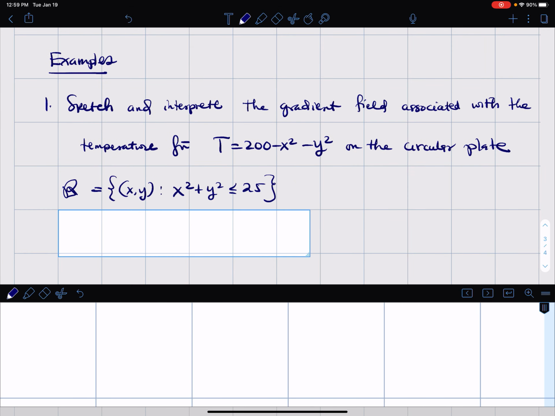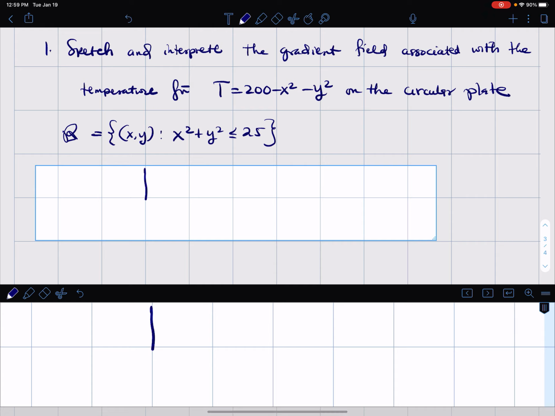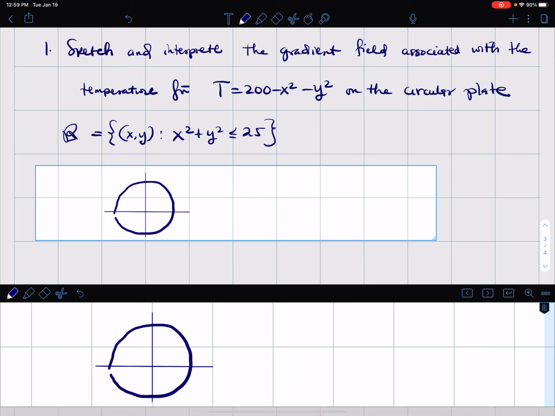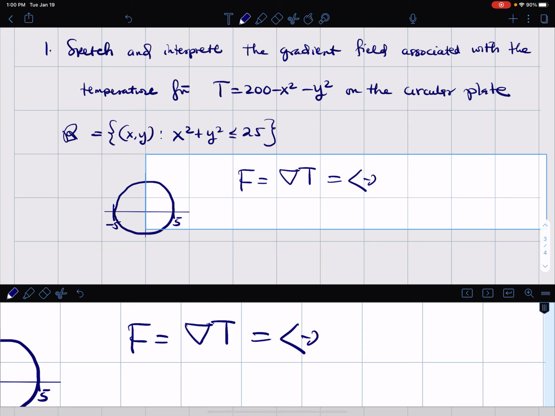Okay, so if you look at the plate, this is the plate. It is a circular plate of radius 5. Now let's find the gradient field, F, which is the gradient of T, which is negative 2x, negative 2y.